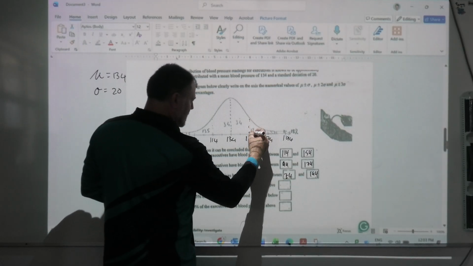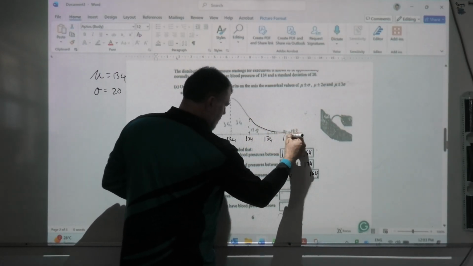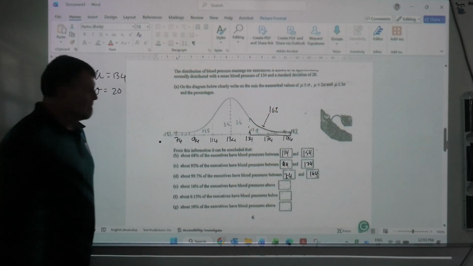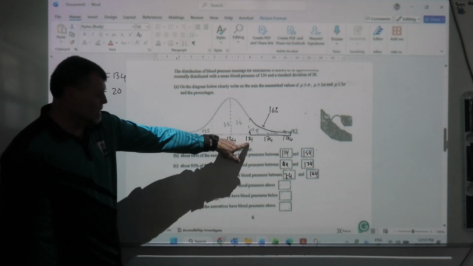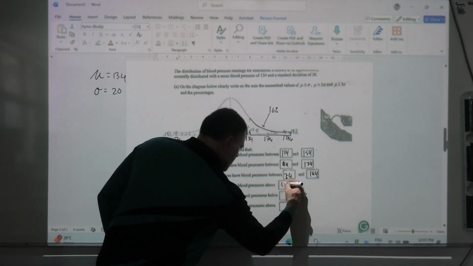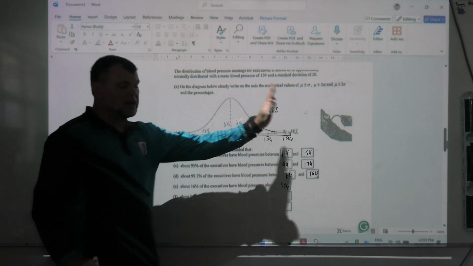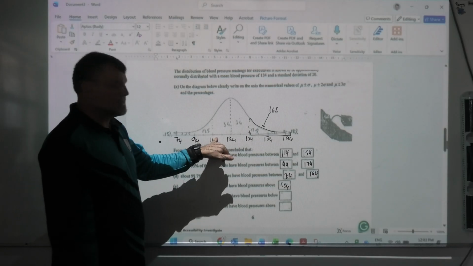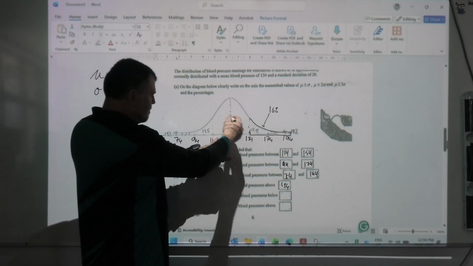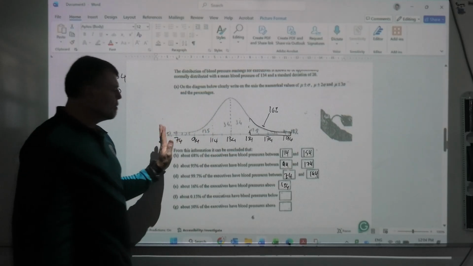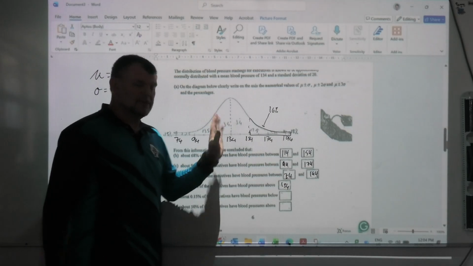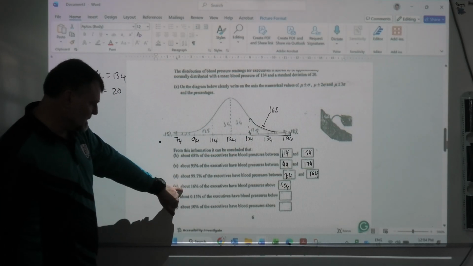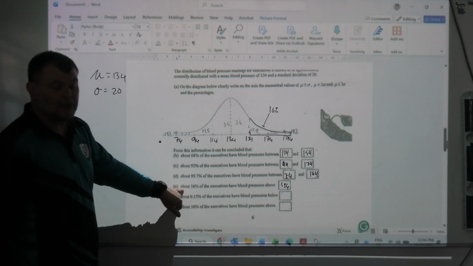So all this part here is the 16% of people that have blood pressure above 154. Because it's above, we're looking at that right-hand side. If we did it on this side here, that wouldn't represent 16%. This is actually 50 plus 34, so that would be 84% of data above it. But we're looking for 16, so about 16% of the executives have blood pressure above 154.